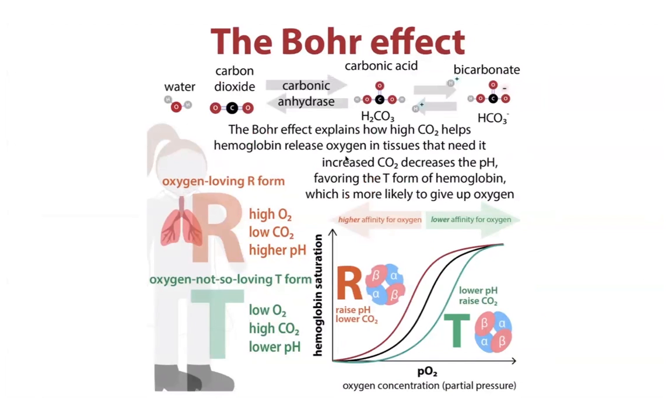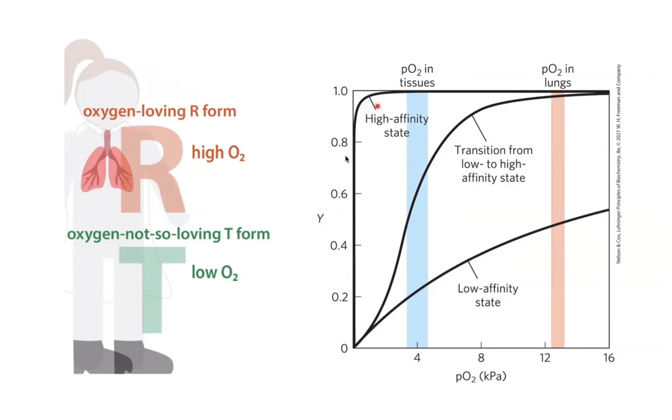So at a lower pH, which we can get by having a higher CO2, we have a lower affinity for oxygen. And if we have a higher pH, we have lower CO2, we have a higher affinity for oxygen. A key thing to keep in mind when you're trying to figure out which way the regulation should go is that if you want to release oxygen, you need to lower the binding affinity for oxygen.